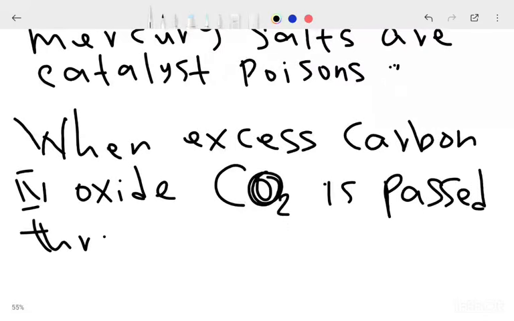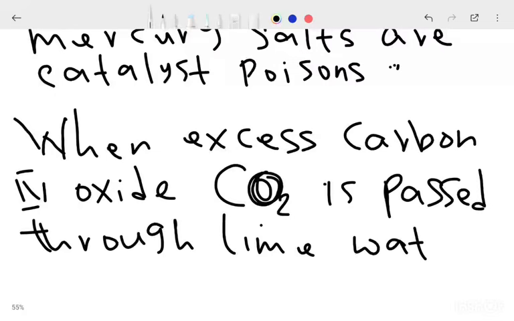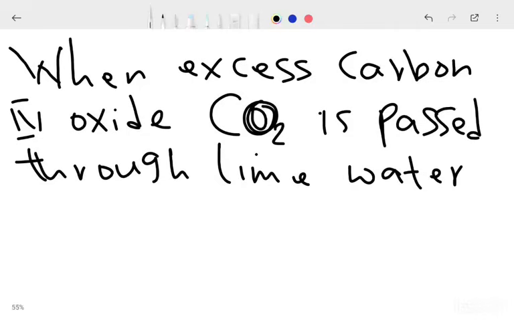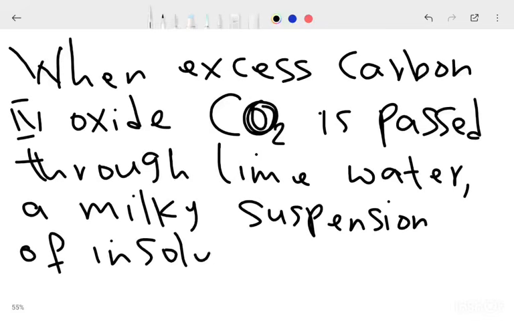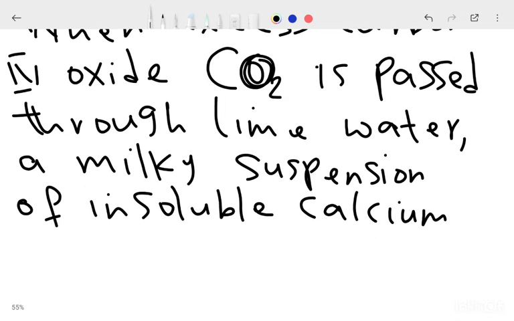is passed through lime water, a milky suspension of insoluble calcium, what?